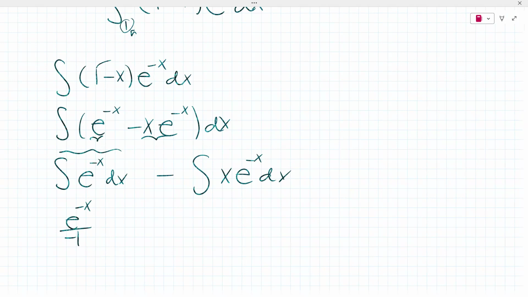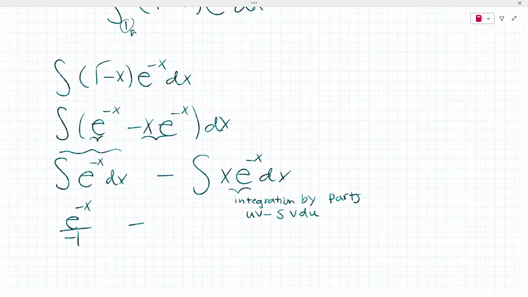Okay, now let's do this one. So unfortunately, this is integration by parts. Yeah, integration by parts. So uv, it's uv minus v du.